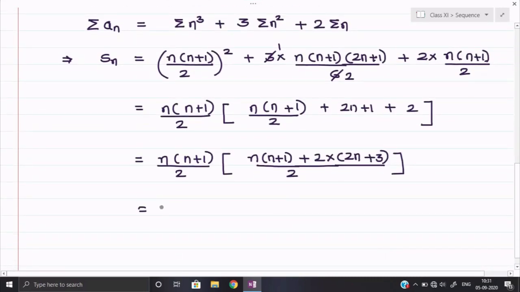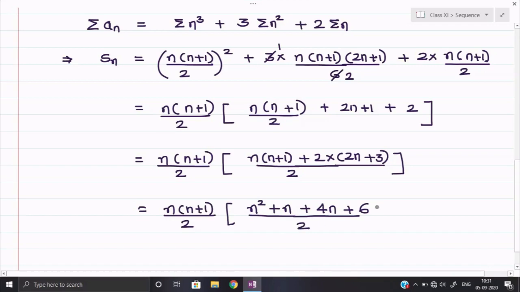Again the term lying outside I am keeping as it is. So n into n plus 1 upon 2 will be as it is, into the bracket this will be n square plus n plus 4n and then plus 6. Okay, 2 I have multiplied inside, and upon 2 will be as it is.